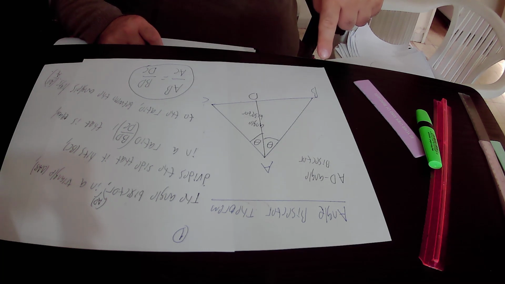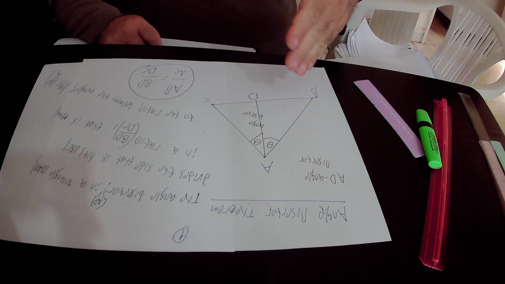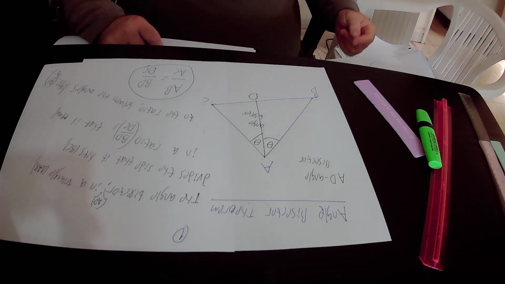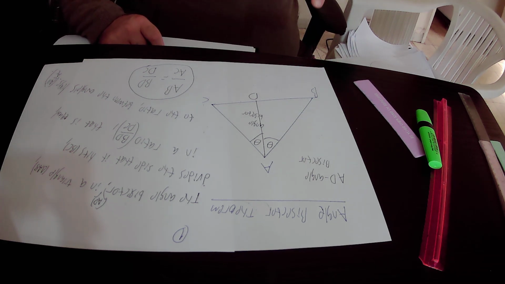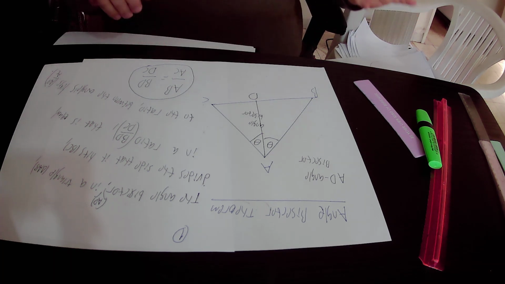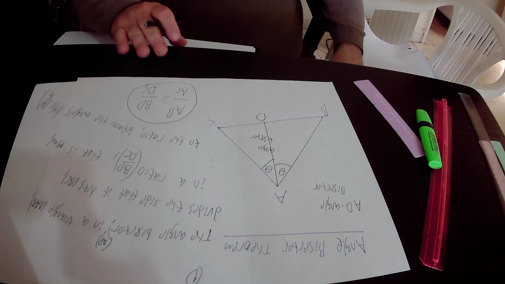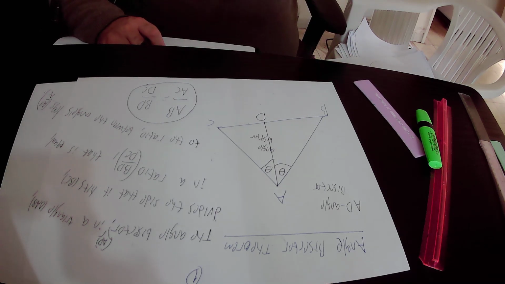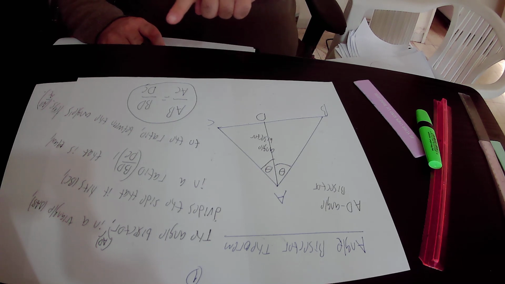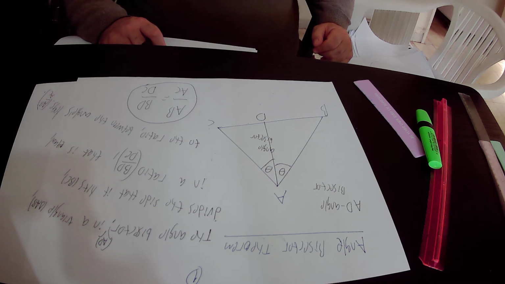The legs of angle BAC are AB and AC, and the ratio between those two legs is AB over AC, and that ratio equals BD over DC. So in conclusion, according to angle bisector theorem, in this right triangle ABC, where AD is angle bisector, AB over AC equals BD over DC. Okay, this is actually the angle bisector theorem.